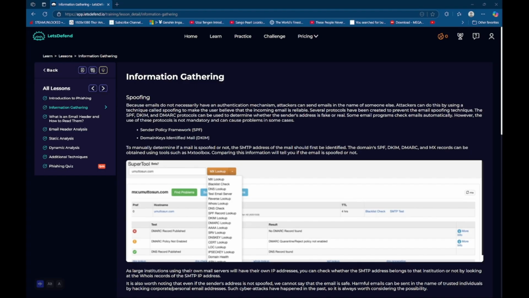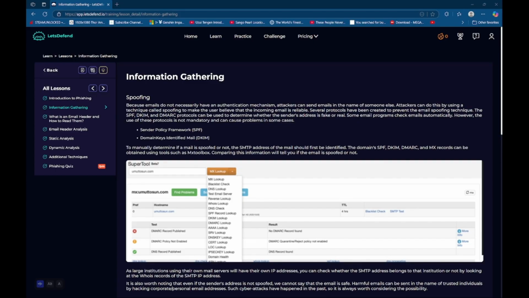Now you're wondering what is SPF? SPF checks if the server is authorized to send for the domain. DKIM adds a digital signature to verify that the email has not been tampered with.